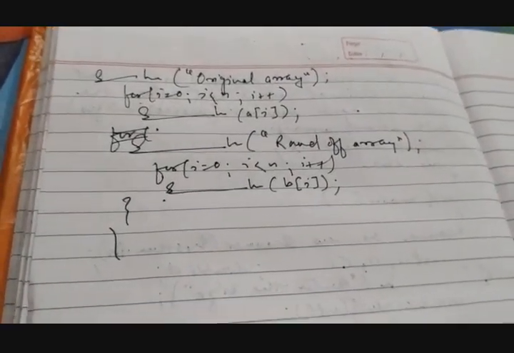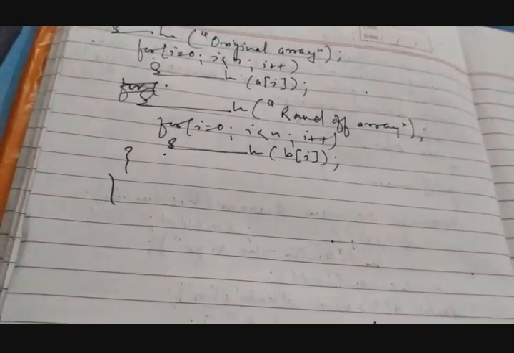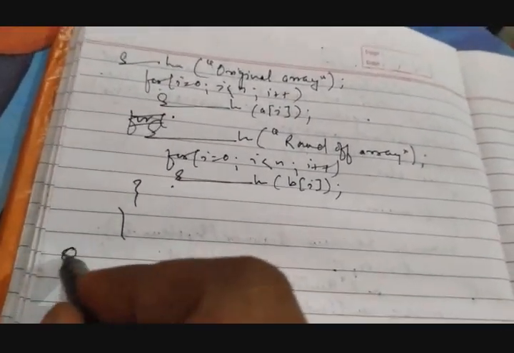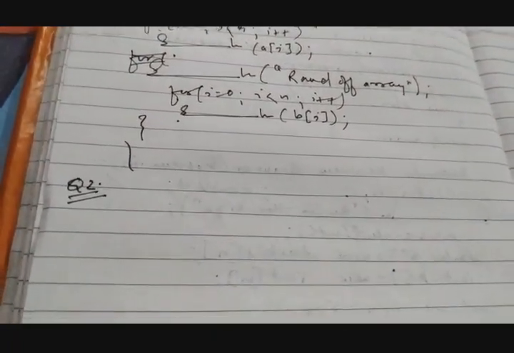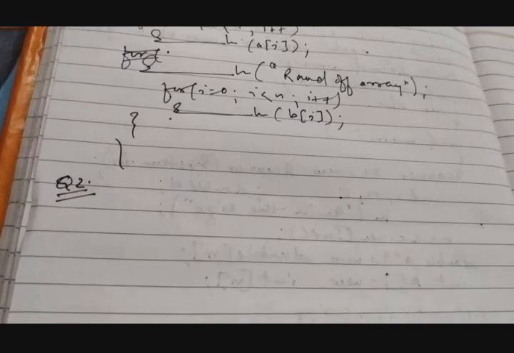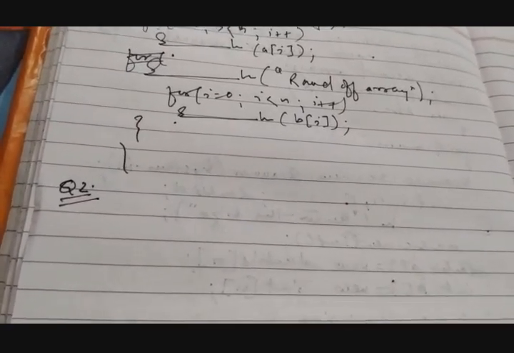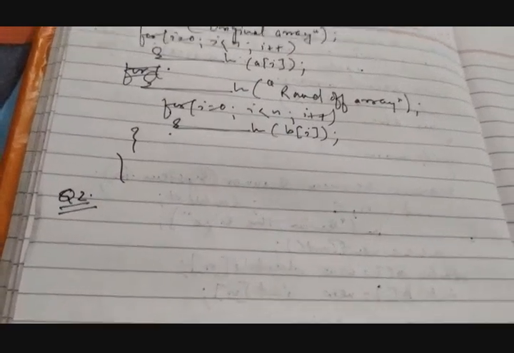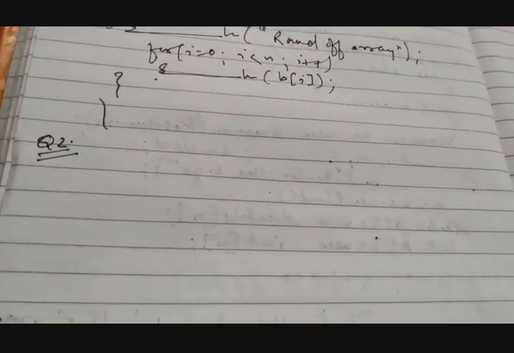Now we move on with the next question. What will the next question be? Counting the number of prime elements present in an array. In this question, we will use an extra loop for finding a prime.